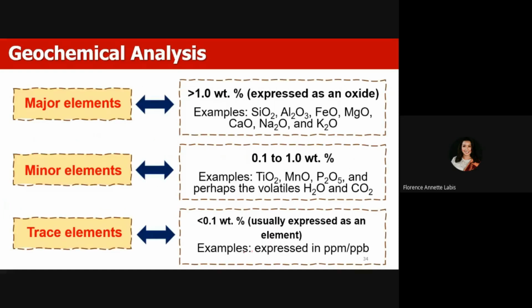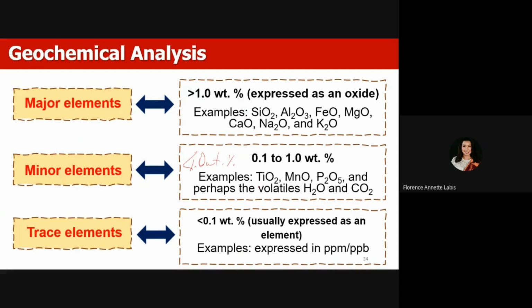So in this lesson, you will also be expected to learn about the different types of elements. When you say major elements, these are always expressed as oxides, with greater than 1 weight percent. Minor elements range from 0.1 to 1 weight percent, or basically less than 1 weight percent.